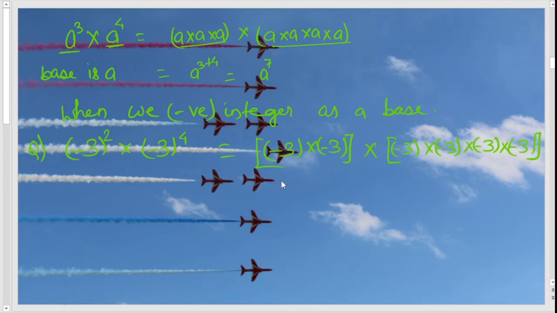Taking the base as common, as the base is -3, we can write -3 to the power 2 plus 4, that is -3 to the power 6. In this way we can understand the multiplication of powers with the same base.